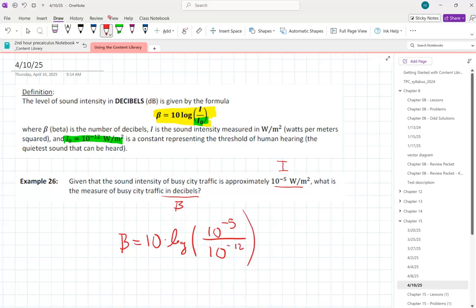So again, I'm just going to drop in that constant for I naught. Any sound problem we're using, that constant is the same. And then it's just calculator time.